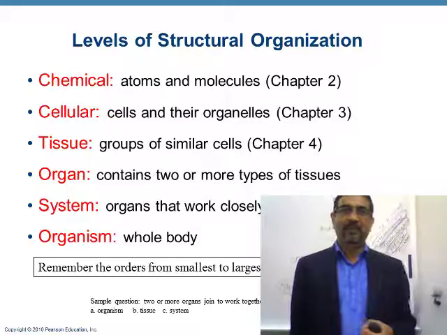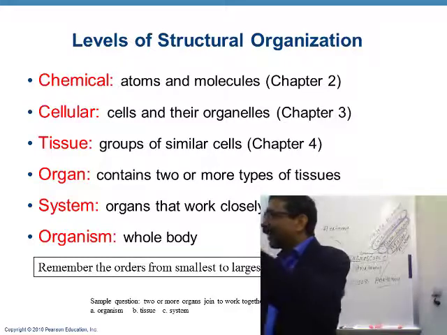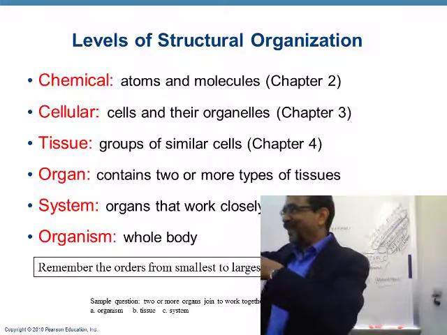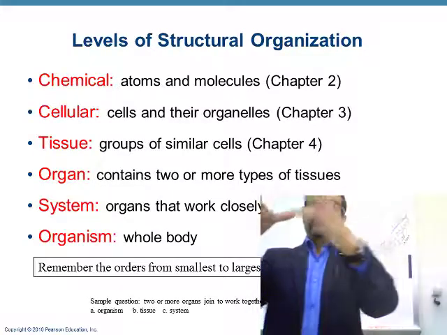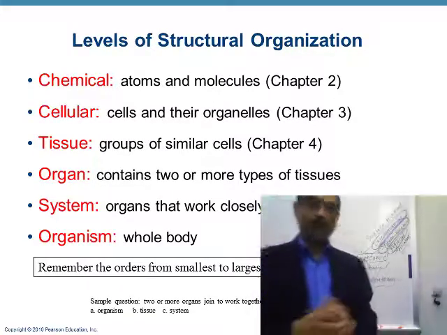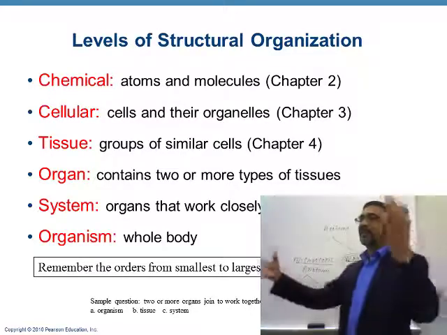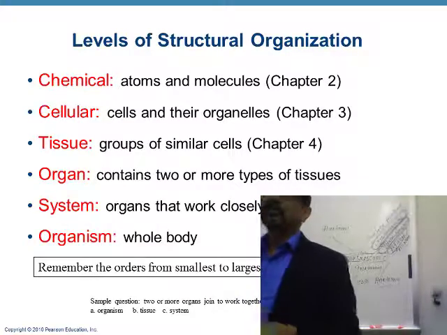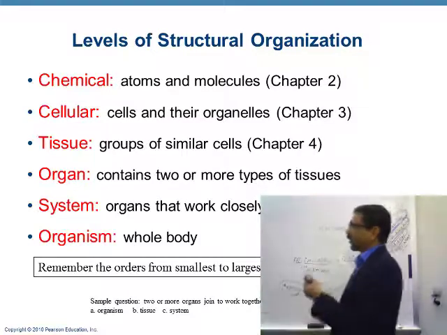Muscle tissue. Muscle tissue will be formed by the muscle cells, not neural cells. Make sense? So many muscle cells together form the muscle tissue. Many neurons or neural cells join together to form the neural tissue. So similar cells.